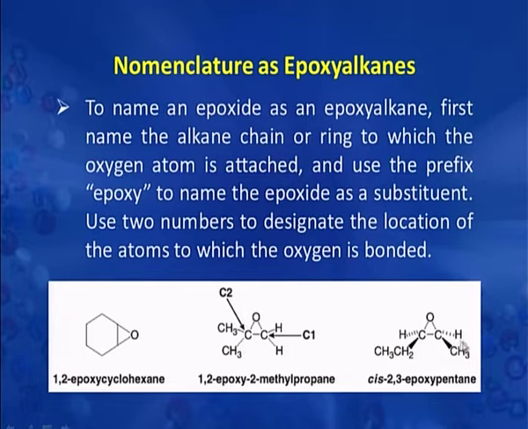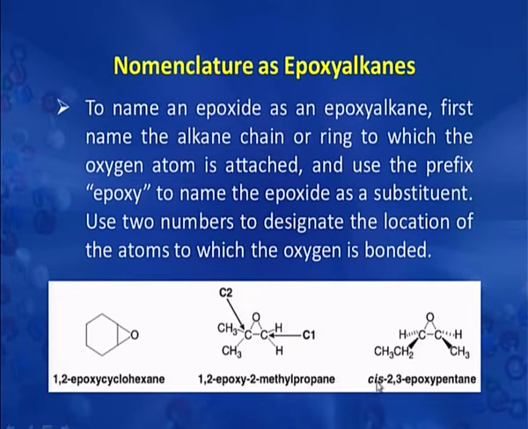Similarly, here in this case you can see that the maximum number of carbons in a chain are 5, 1, 2, 3, 4 and 5, and positions 2 and 3 are attached to oxygen, and that is why the name given is 2,3-epoxypentane. But here we can see that a cis is also given.